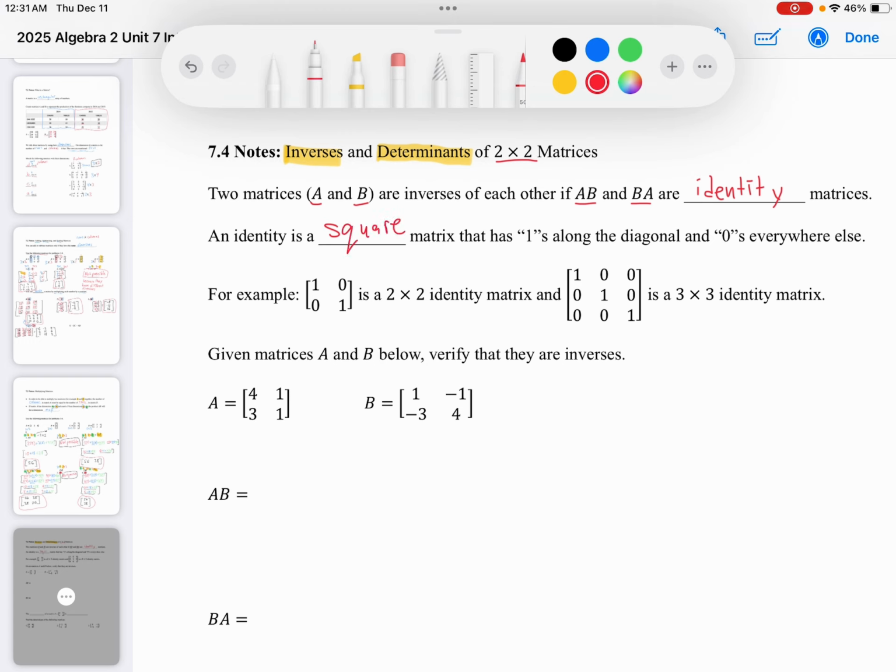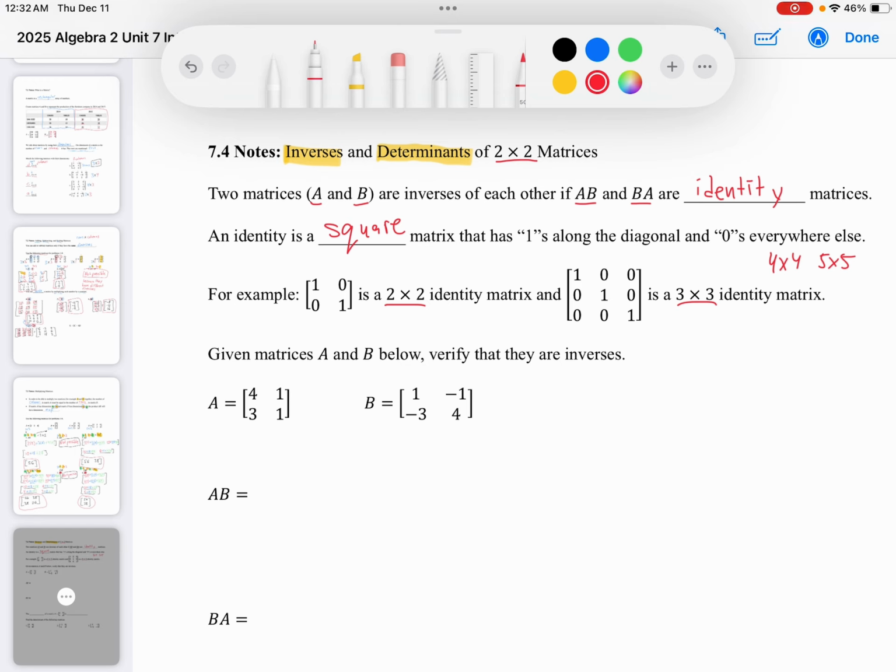All matrices are rectangles, but not all of them are squares. A square matrix would be one that is 2 by 2, 3 by 3, 4 by 4, 5 by 5. Essentially, it just needs to have the same number of rows as columns.